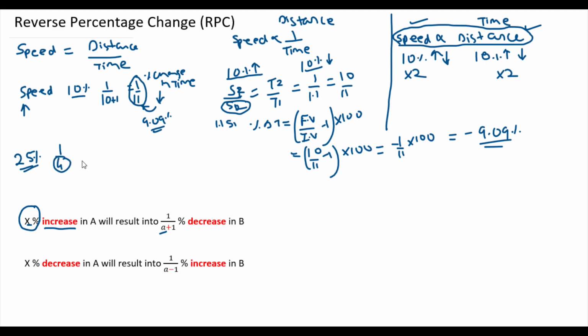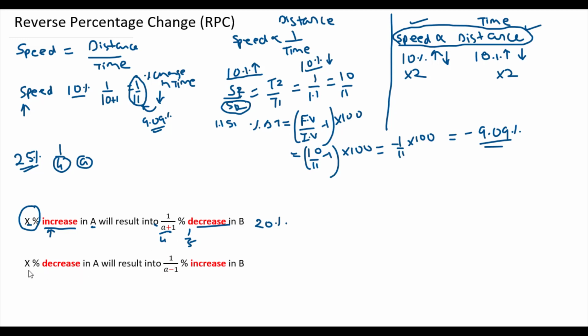So this will be your value of A. 1 by 4 will be your value of A. So you simply substitute 4 here, and we'll get 1 by 5. So B will decrease by 1 by 5%, which is 20%. So if A is increasing, B will decrease, because here we have an increase, that's why we are adding 1 to the denominator.